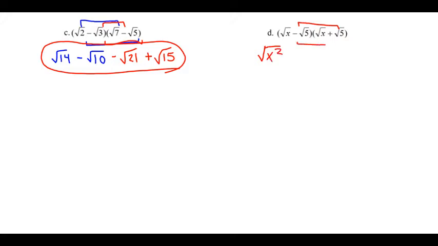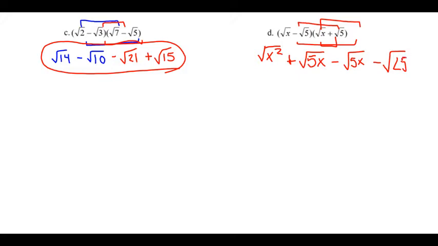Then we will have plus the square root of 5x, and then minus the square root of 5x. And then a negative times a positive will give me a negative square root of 25.